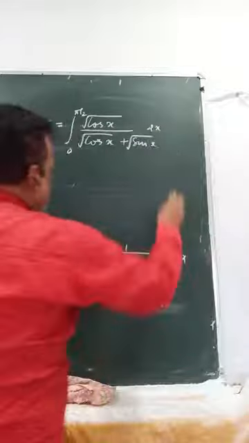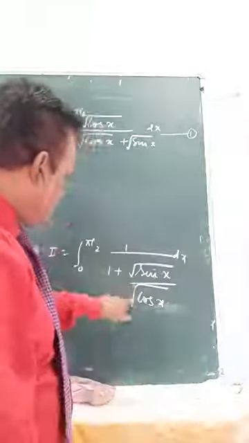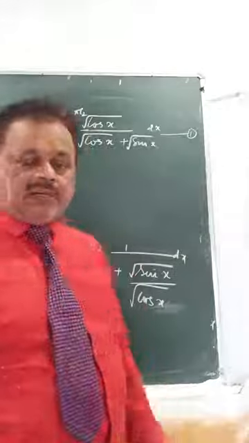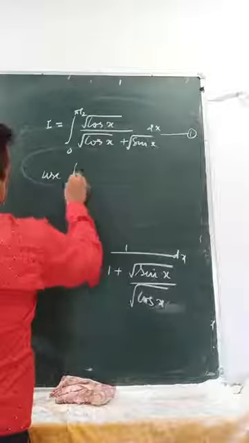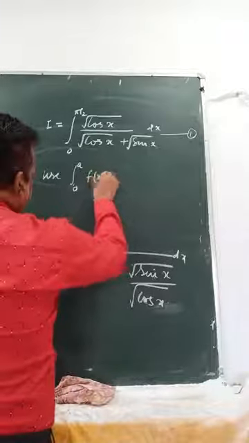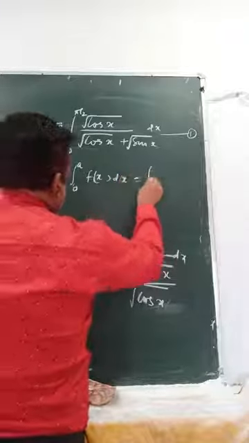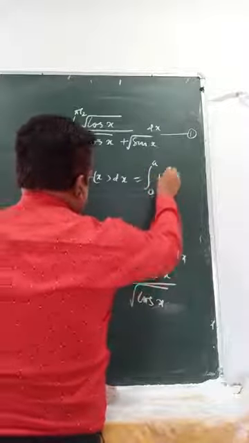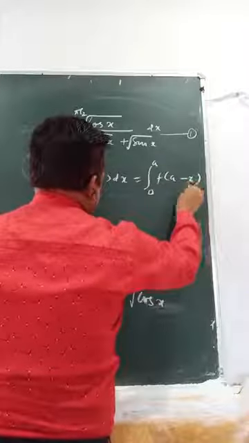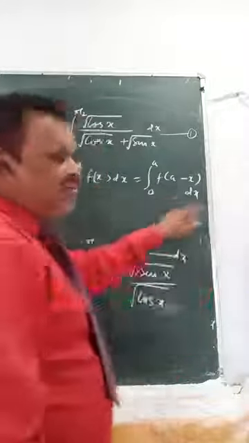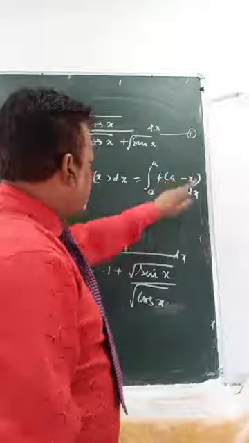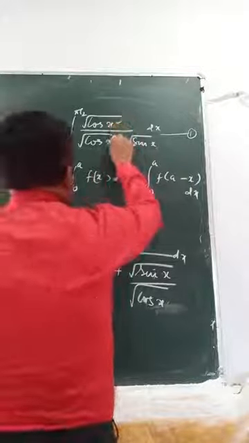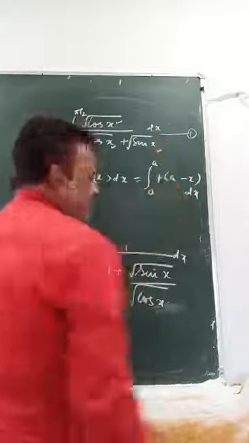Okay, now this is your equation number 1. First you have done a simplification and brought it to a standard form. Now use integral from 0 to a of f(x) dx equals integral from 0 to a of f(a minus x) dx. Look at what changes you are making. I am repeating again: x becomes a minus x, so this x will change.